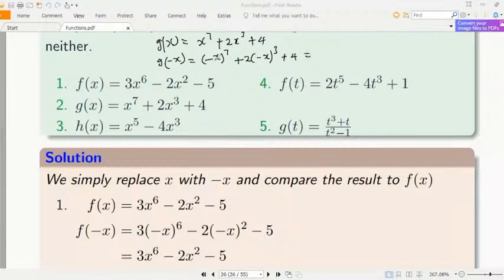What will this give us? Negative raised to an odd number is negative. Negative x raised to 7 will be negative x raised to 7. Negative raised to an odd number will be negative, so negative 2x raised to 3, plus 4.